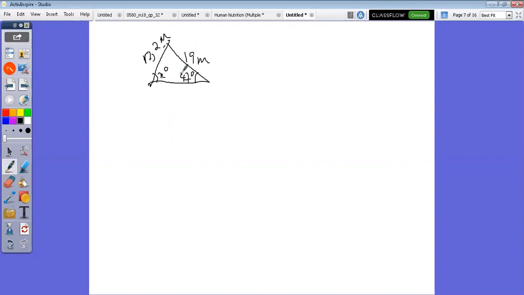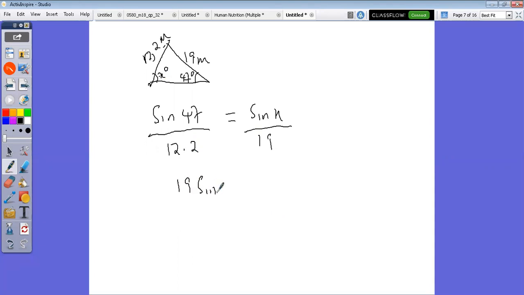Because I have the side opposite an angle, I have that opposite that. So I've got a pair, then I can use that. So I can now say sine 47 over what, Shamin? Sine 47 is opposite which side? 12.2 is equal to sine that we want, sine x over 19. Cross multiply, I get 19 sine 47 is equal to 12.2 sine x.